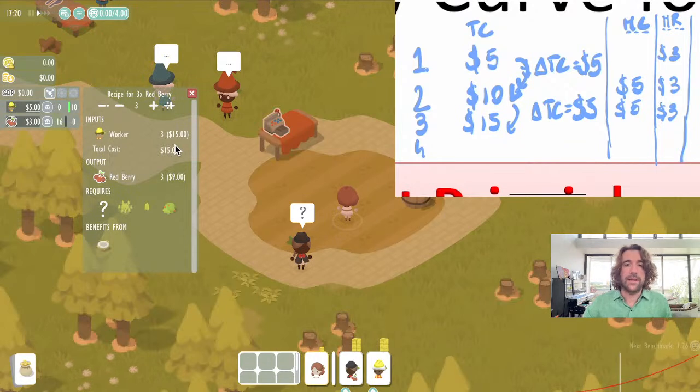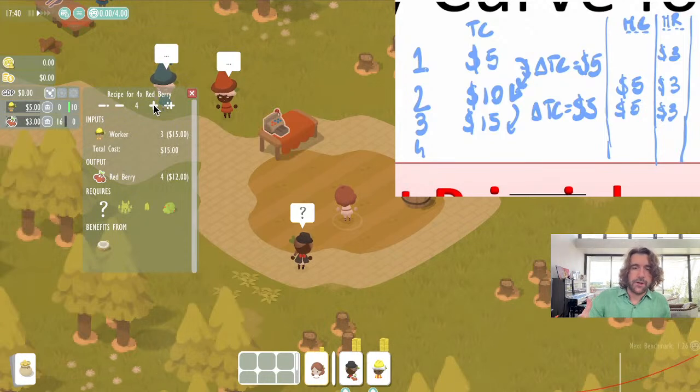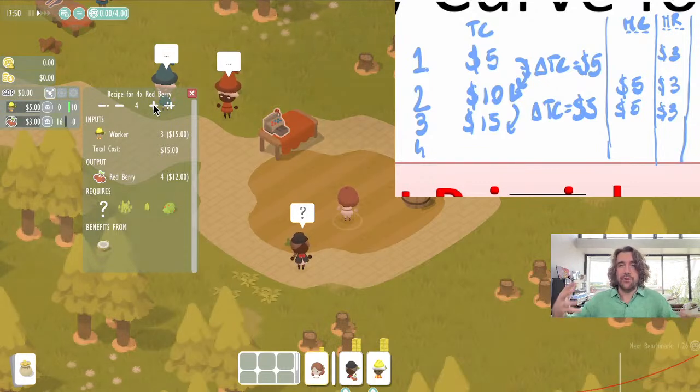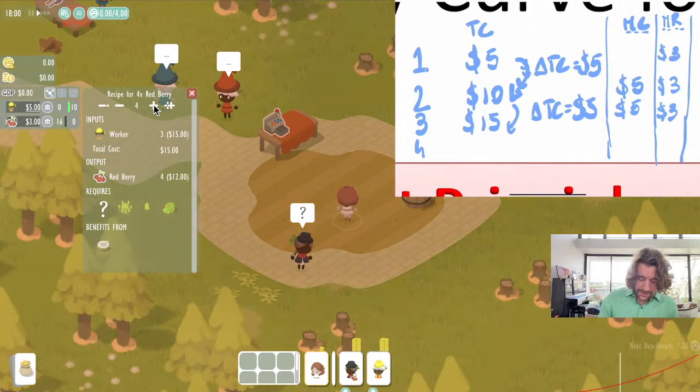Now for the fourth one, let's have a look. That's where the production function becomes a little more interesting. To produce the fourth red berry, you don't need to hire any more workers. 3 workers can as well produce 3 units or 4. They can actually produce more than 3 units if they want during the day. They can produce 4. Hence, if you want to produce the 4th unit, you don't have to increase the total cost.